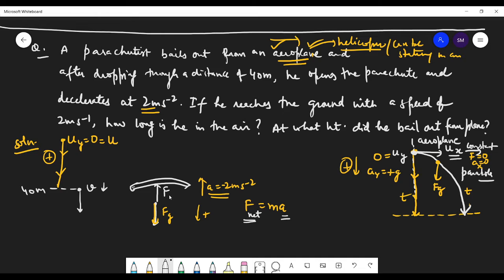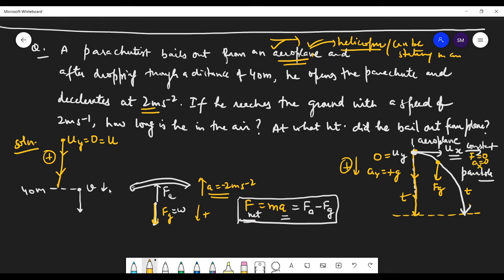You can take this force as the force due to air resistance, Fa. So F net is Fa minus Fg, where Fg equals the weight of the body, and this net force gives your acceleration. That's a very important concept we are studying through this question, students. Understanding the question?